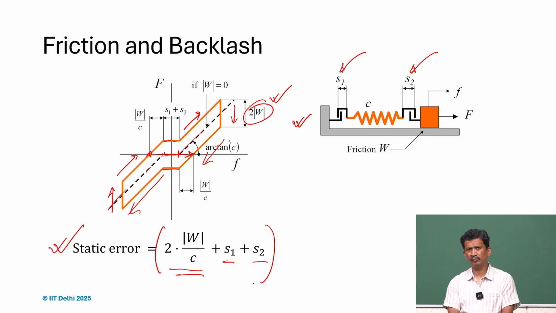So just one member with the two gaps or clearances with some stiffness C. This is the uncertainty we are talking about.